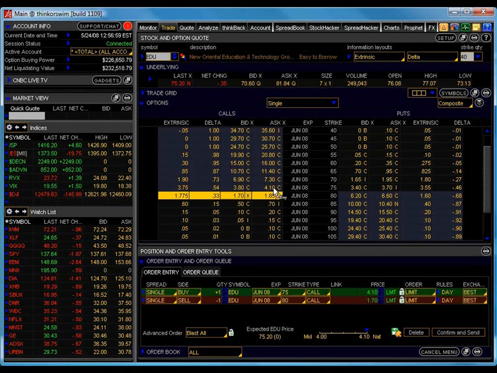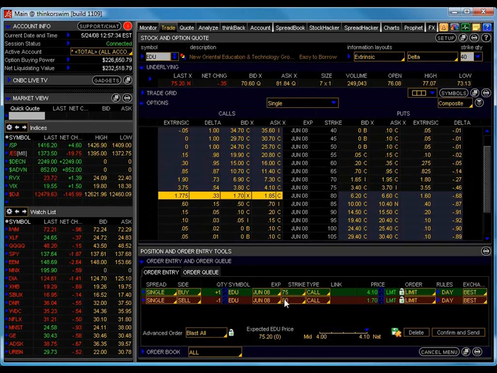Because what will happen is if the price of the underlying stock goes up, the option that we purchased, the 75 call in this case, will increase in value greater than the one that we sold, in this case the June 80 call. We sell the June 80 call, and we'll make money on it if the market goes down, and it will help protect the price that we paid for the 75 call.